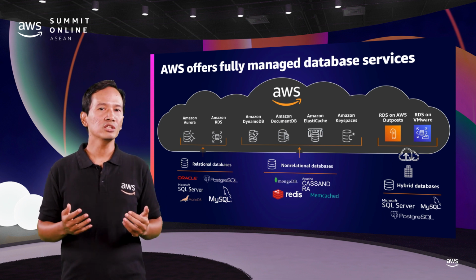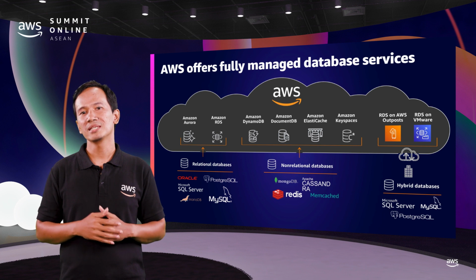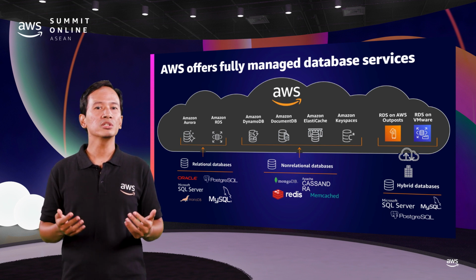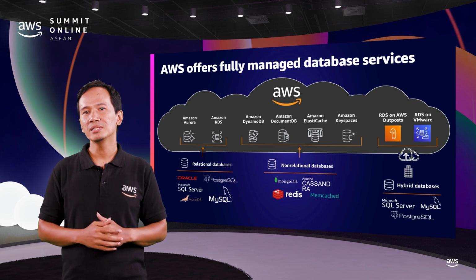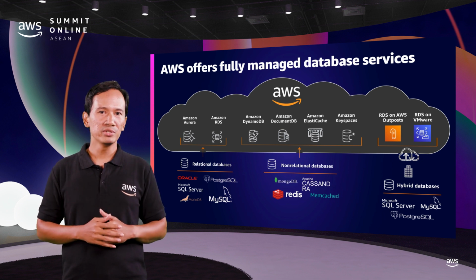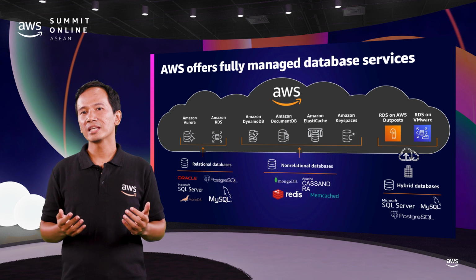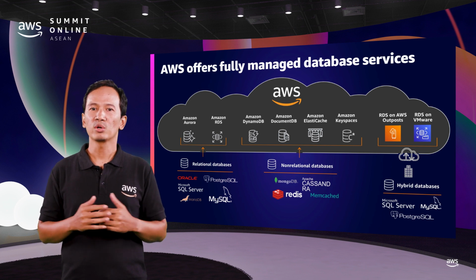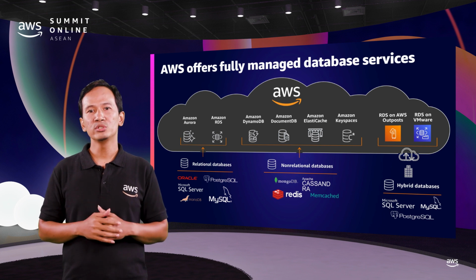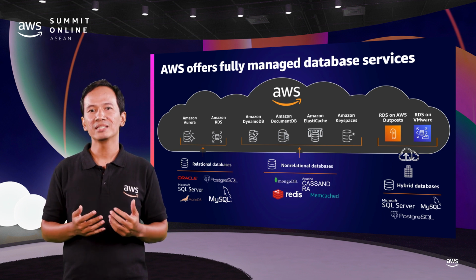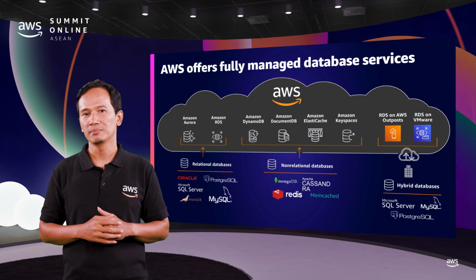Customers that are looking to deploy fully managed database instances but require workload residency be maintained in an on-premises environment can utilize cloud hybrid services such as RDS on Outposts and RDS on VMware. All those services help you to reduce operational effort and might reduce the cost as well.